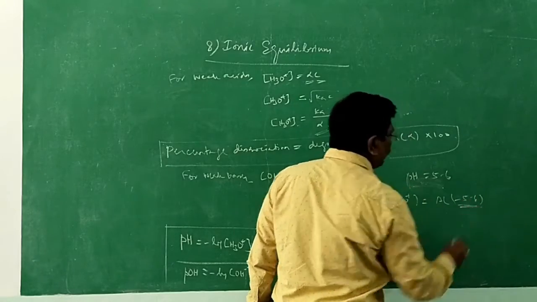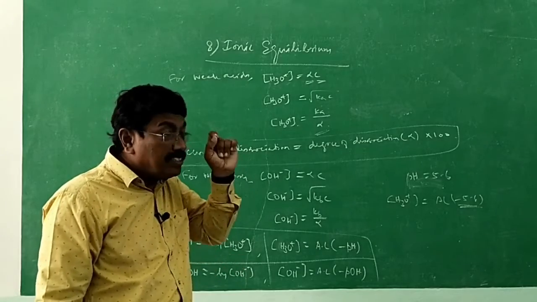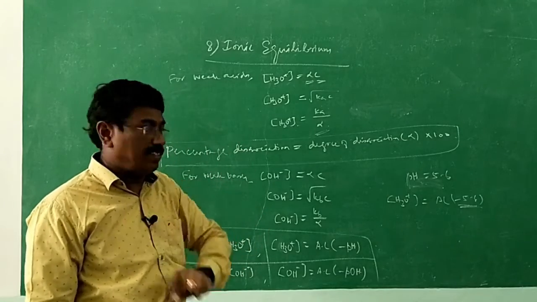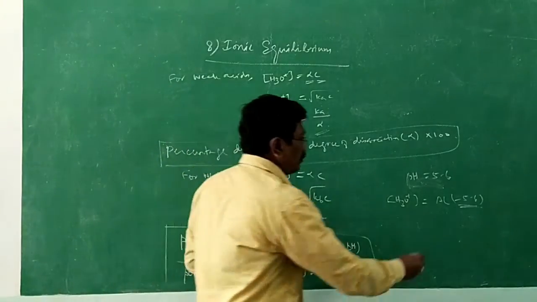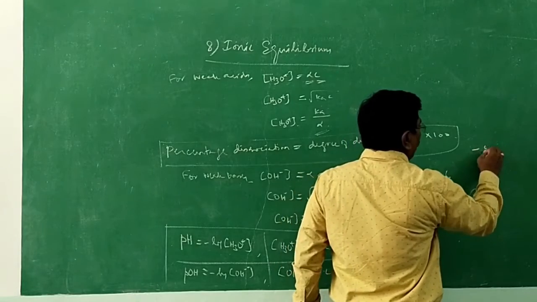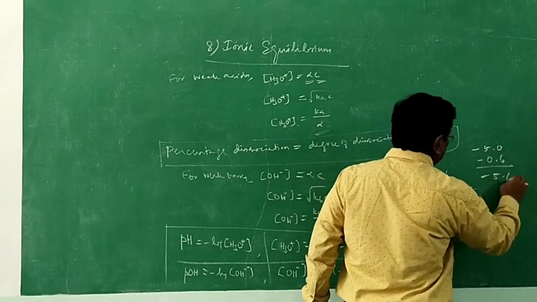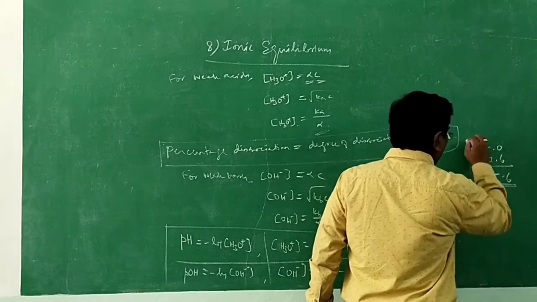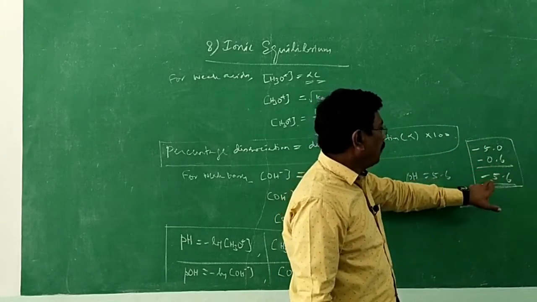For a negative value, we cannot take antilogarithm. Only for a positive value can antilogarithm be taken. Don't forget. When I write minus 5.6, 5 is negative, 0.6 is also negative, therefore it becomes minus 5.6. Do you understand? Minus 5 and minus 0.6 become minus 5.6.